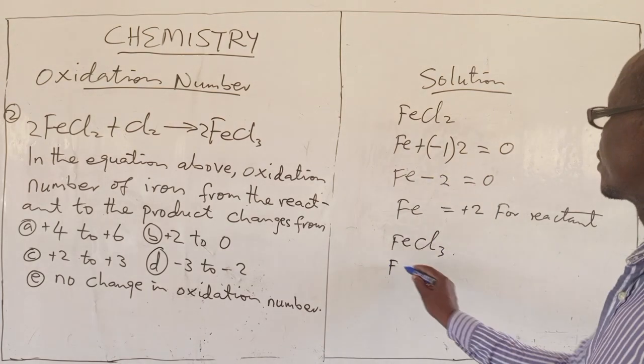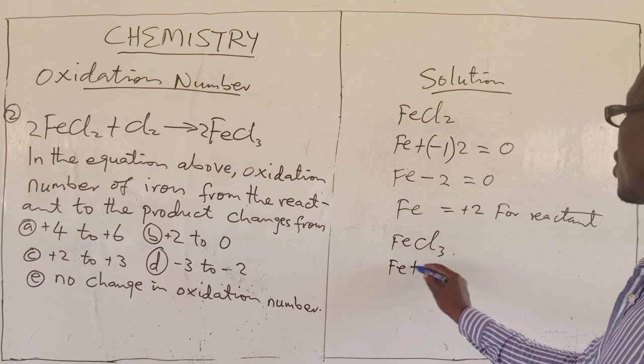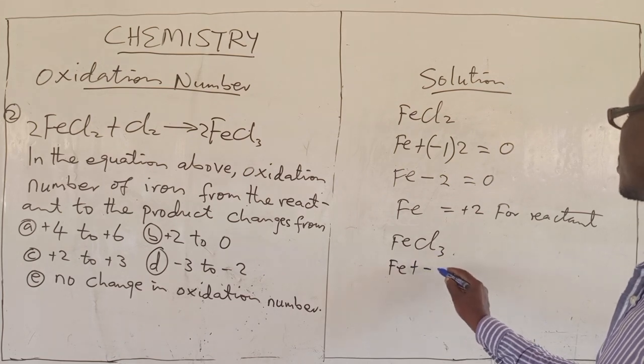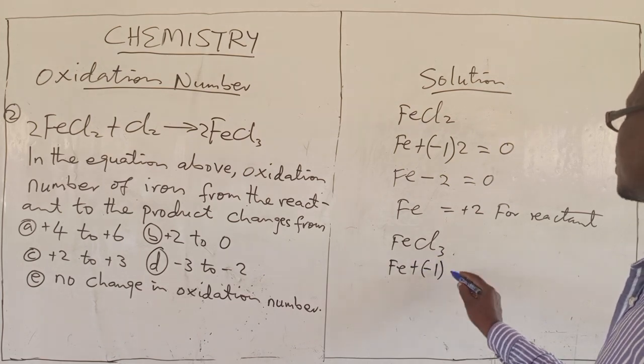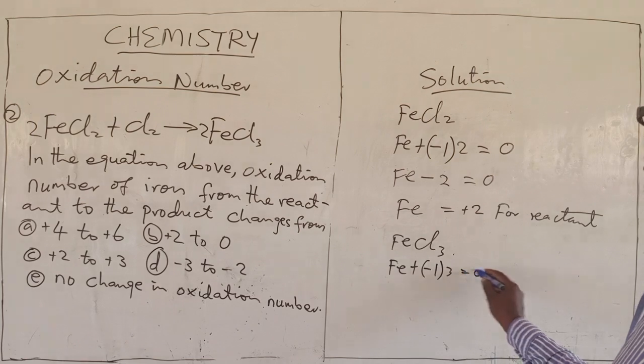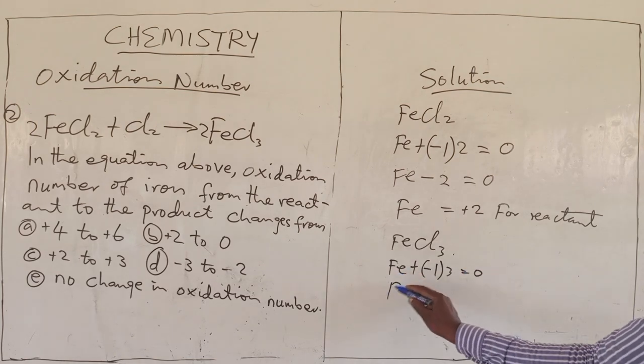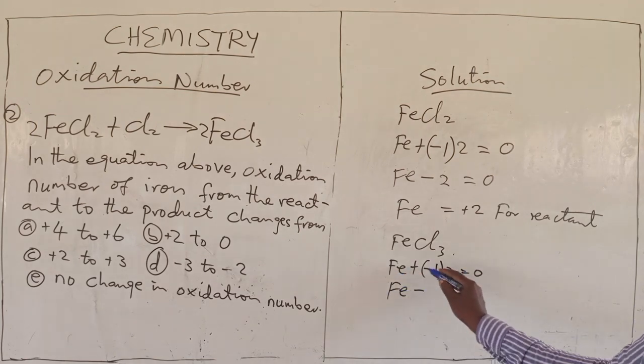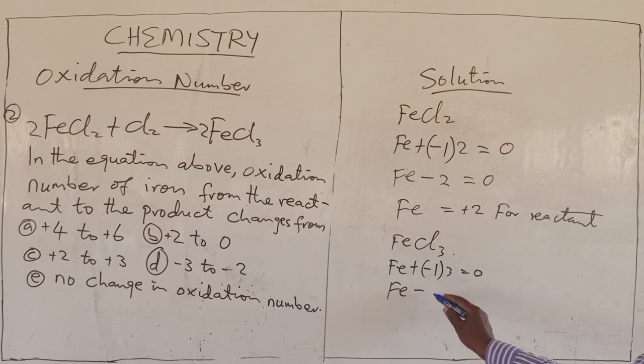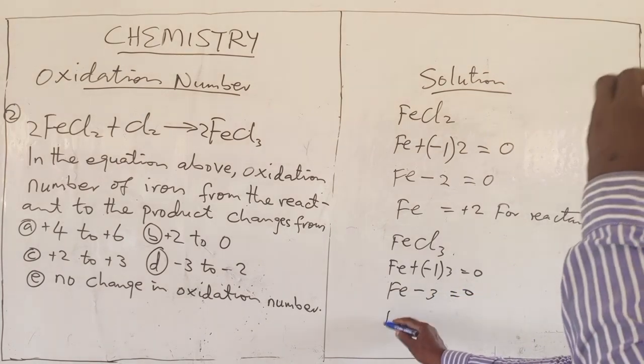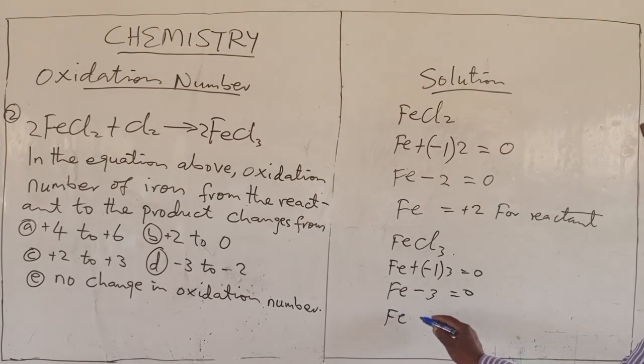Now Fe plus minus 1 times 3 equated to 0. Fe minus 1 times 3 equal to 0. Fe, take this to this side, you have equal to plus 3. This is for the product.